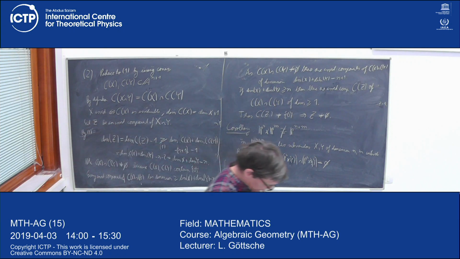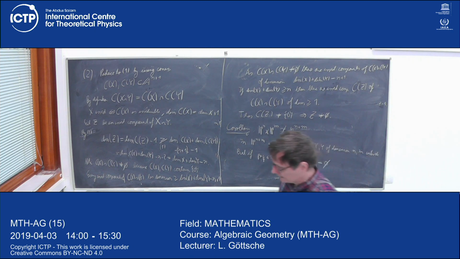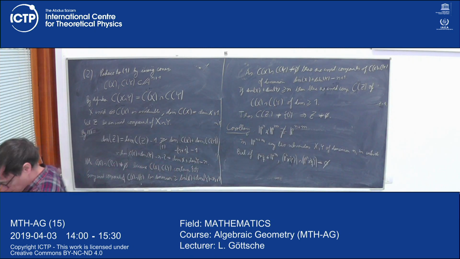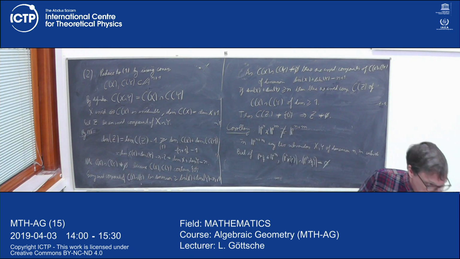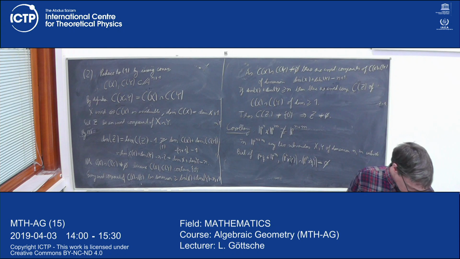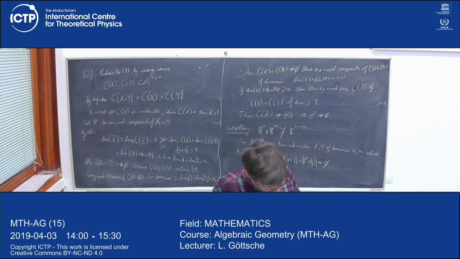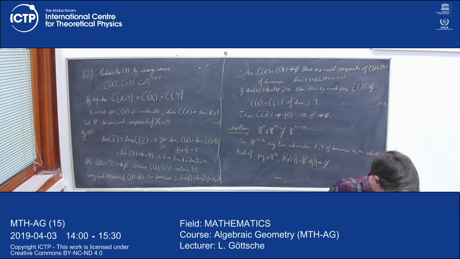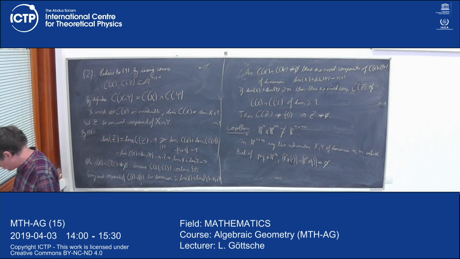Okay. So I wanted to very briefly also talk about another interpretation of dimension, which we'll also use later, another one which you can also find in many books, which is that the dimension is explained as the transcendence degree of the field of rational functions. So in some sense it should be obvious.